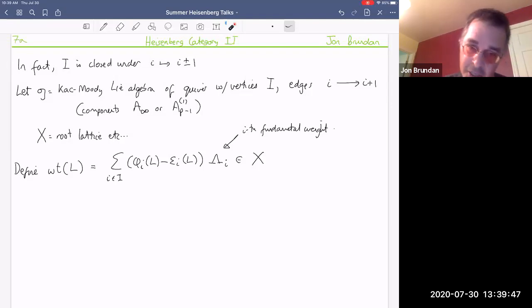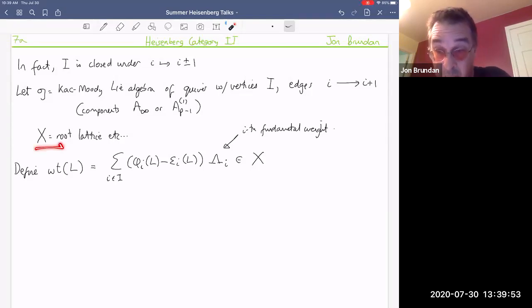And then I'm just going to use the usual Lie theory notation. So X will be the root lattice of that Kac-Moody, alpha i's will be the simple roots, and so on. Okay, so I'm not going to write all that down. So now back to our irreducible L in our module category C. I'm going to define the weight of L now. So this is going to be a linear combination of the fundamental weights for this root system.